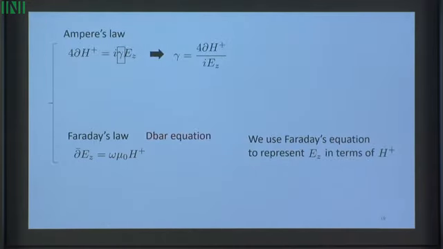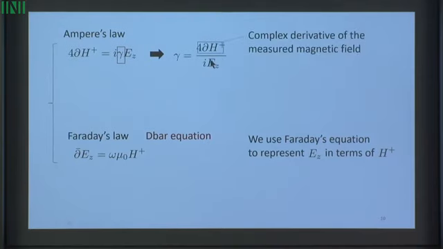Looking in more detail, here is Ampere's law, and Ampere's law gives us a definition of gamma, the electrical property. This is defined as the ratio of the complex derivative of the magnetic field to the z component of the electric field.